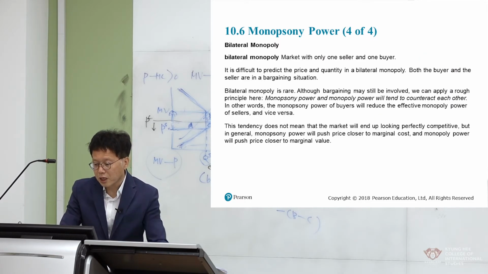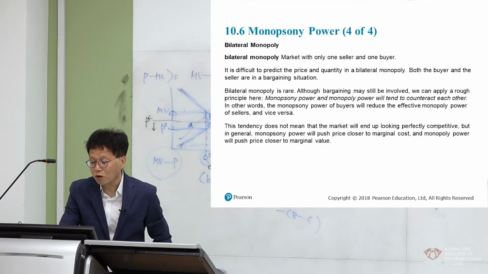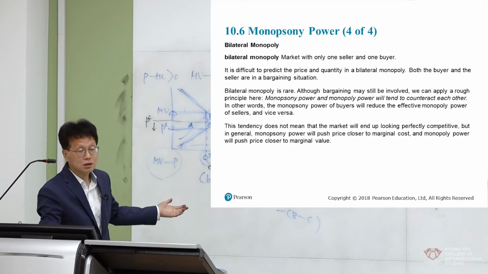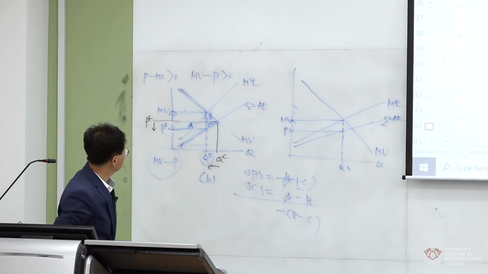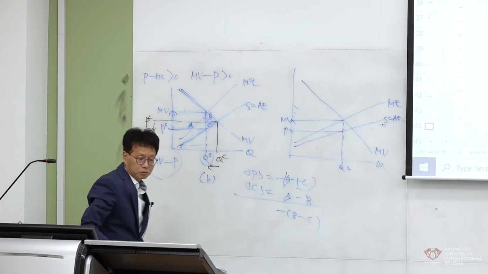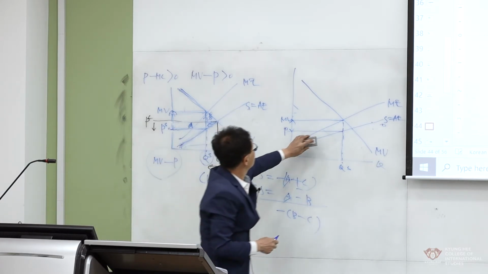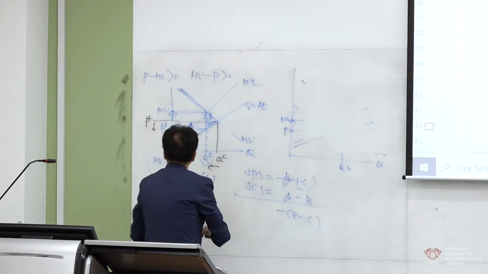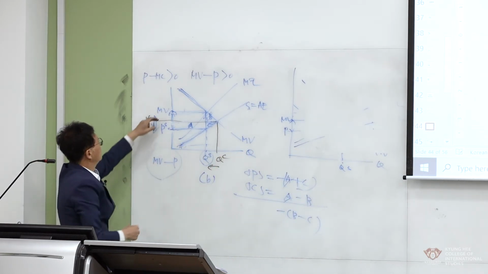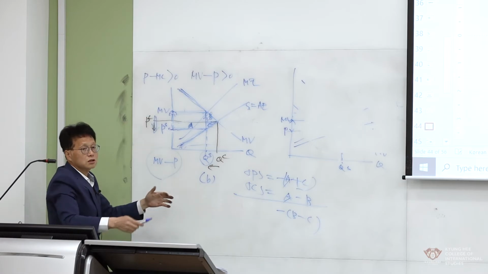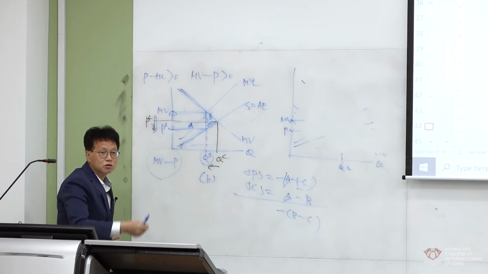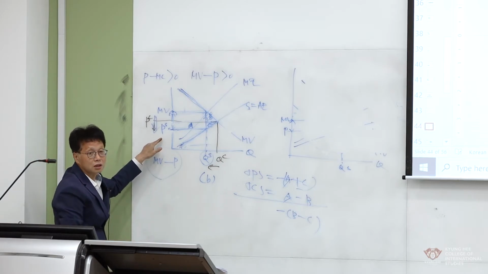Bilateral monopoly, a market with only one seller and one buyer. So very tricky, isn't it, in that case, right? So producers, monopoly case. Okay. So in the monopsonic case, price is lower, right? So buyers have some power to lower the price, right?